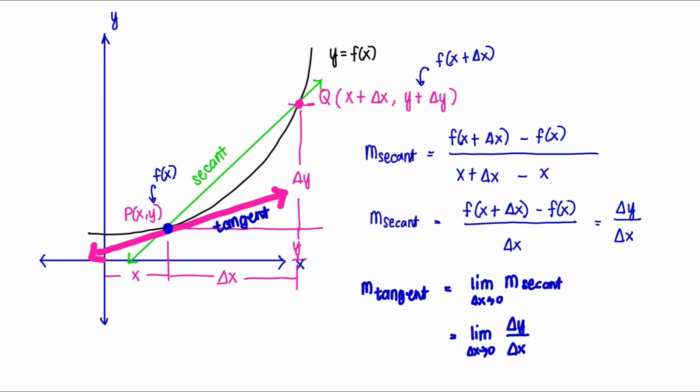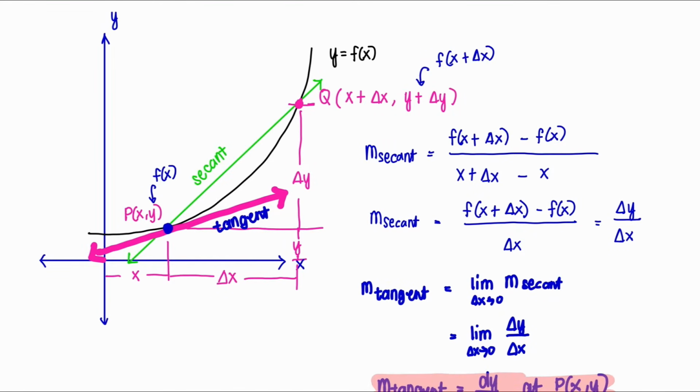Therefore, the slope of the tangent line is just equal to the derivative of the function y with respect to x at the point xy. Okay? At the point xy. Okay, this is one of the geometric applications of the derivative of a function.